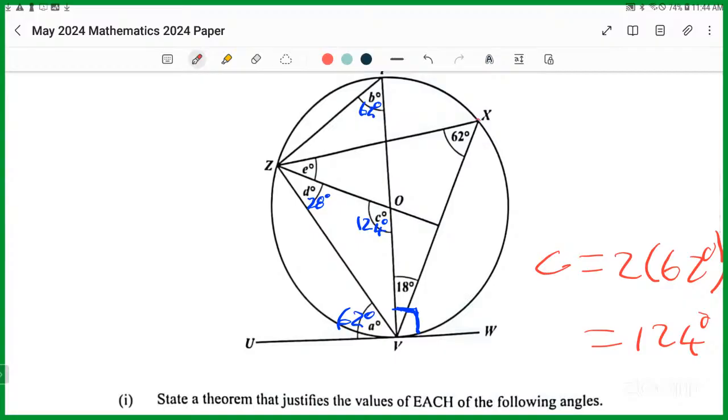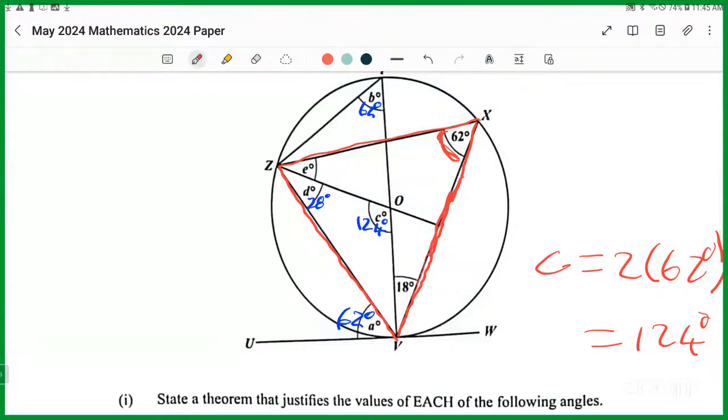Alright, so if I focus on this big triangle, I know that this angle is 62 already. If I can know this one, then I'll be good. How can I know that one? Let me erase some of this for you. Look at this big triangle that I'm marking out in red now.